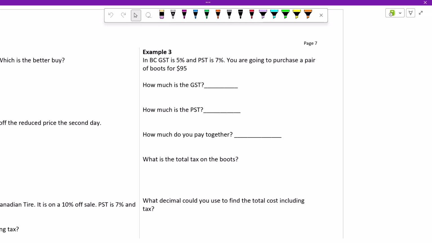We have the PST, which is 7%. And you're going to buy boots that cost $95. So the question is, how much is your total bill going to be? So your total bill is not just $95, it's $95 plus your taxes.